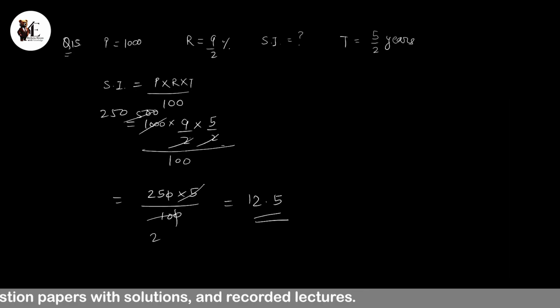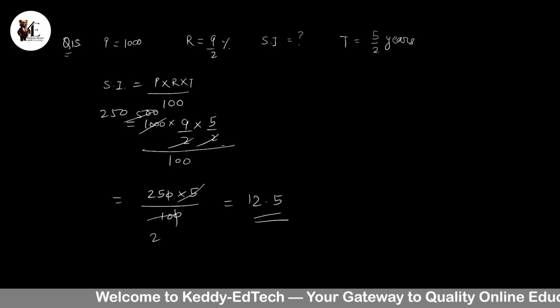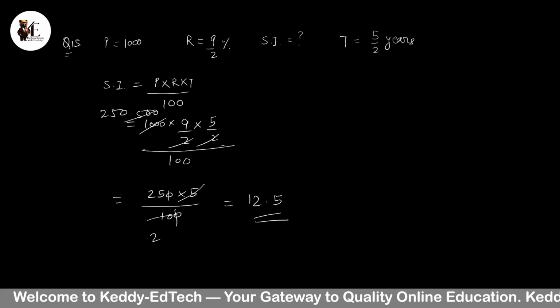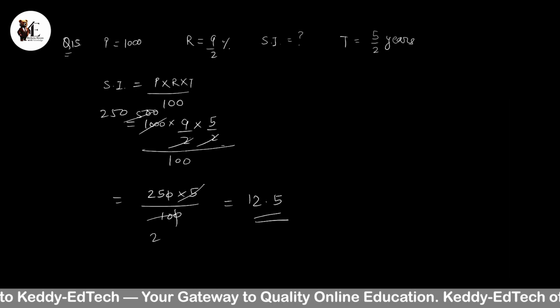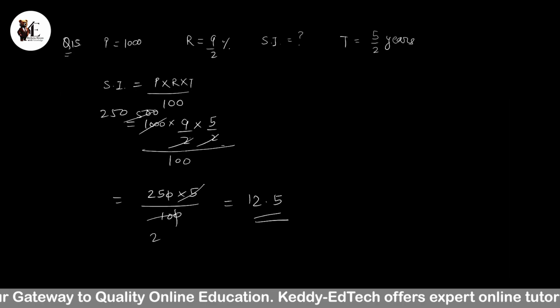What's your answer, Jasper? I got $118.75. Okay, let me check it again. 1000 into 4 whole 1 over 2, that would be 9/2. Time is 2 whole 1 over 2, that will be 5/2, so 500 and 250.